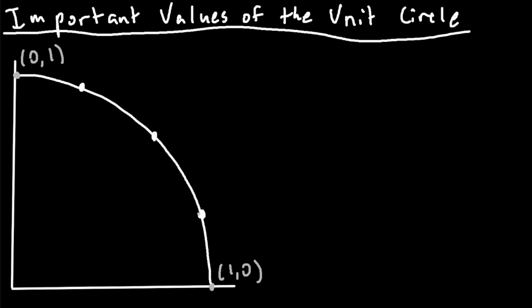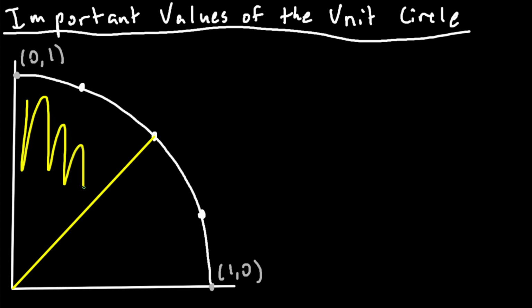Of course, I'm not exact here, but we'll go over that a little bit more. The first one that I want to go over is, let's just split this thing completely in half. So this area would also be the same as this, which means this is going to be a 45-degree angle.